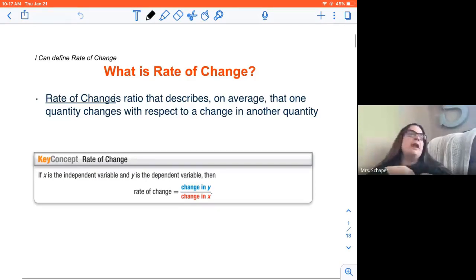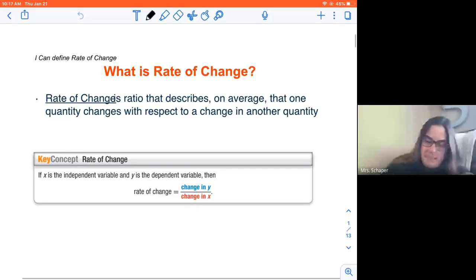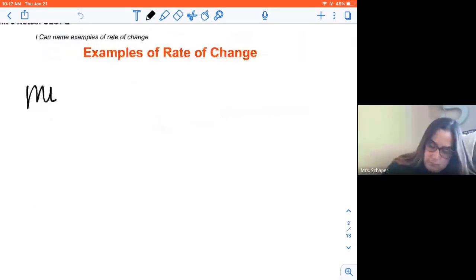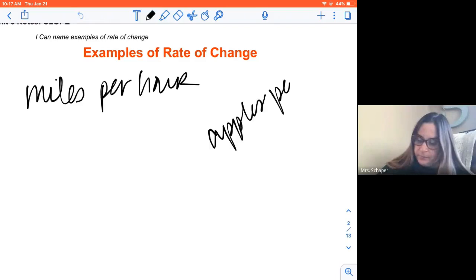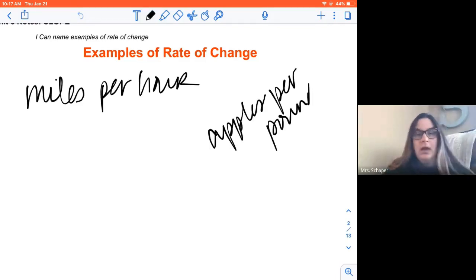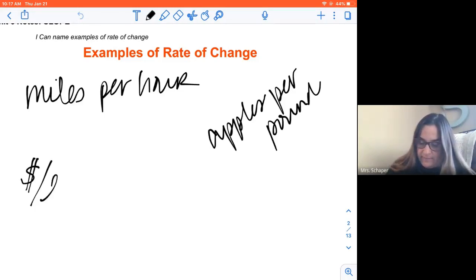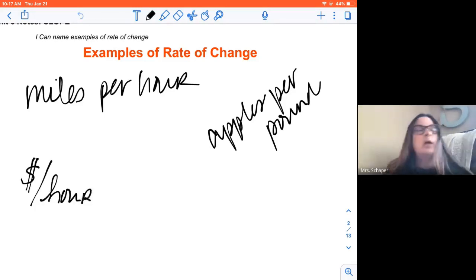Okay, so rate of change could be, let's talk about some possibilities. Rate of change could be miles per hour. Rate of change could be apples per pound. A rate of change could be dollars per hour babysitting. Rate of change could be your points per game.